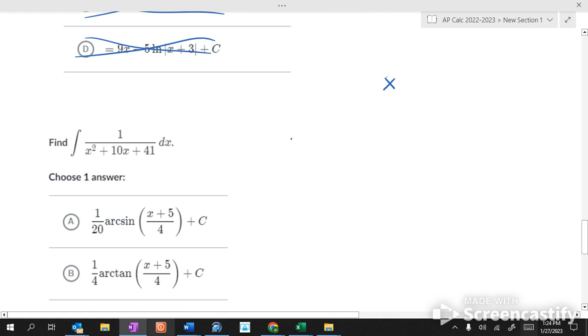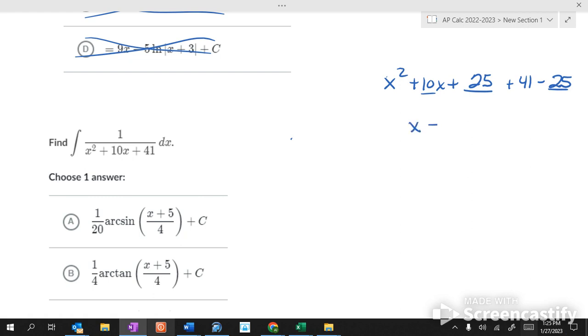So if we have x squared plus 10x plus blank plus 41 minus blank. So what we add, we subtract. So what's half of this squared? 25. So 25 goes there and there.